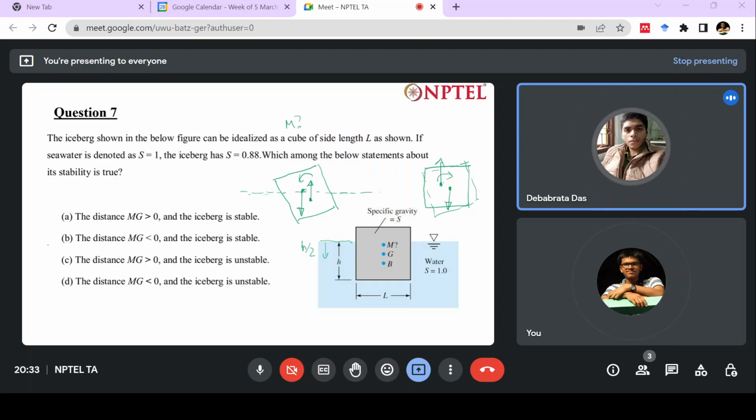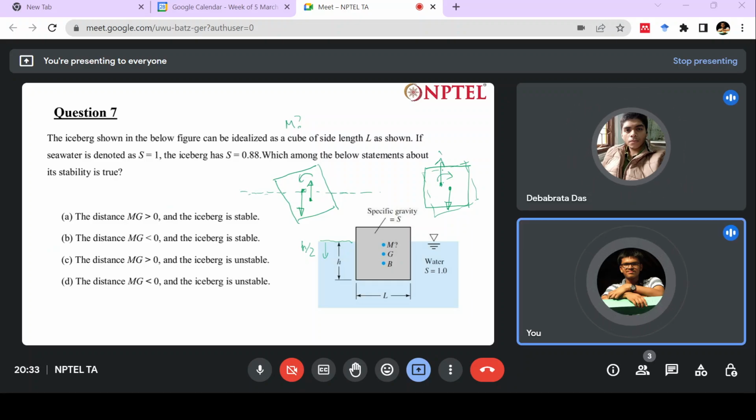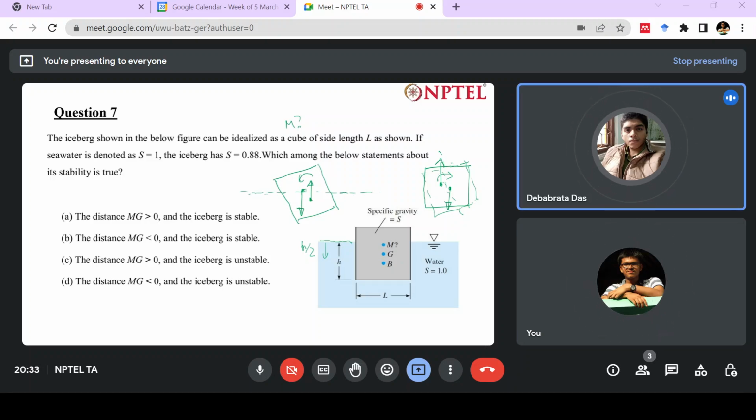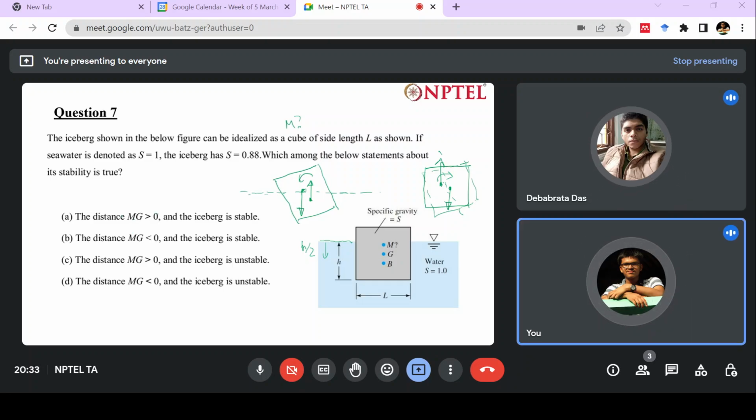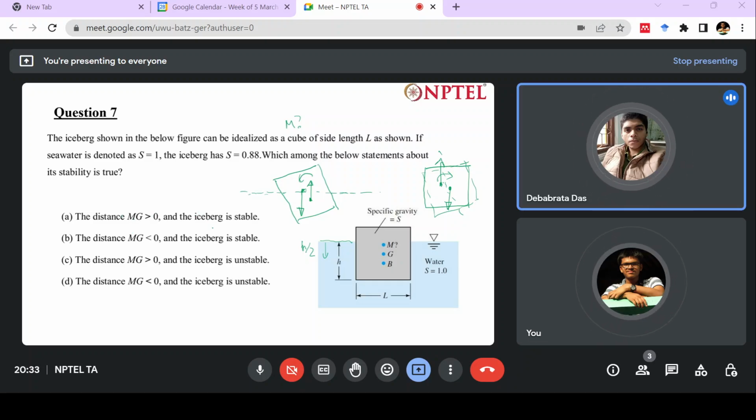If we give the torque, the forces will react at two points where they coincide. So if I draw a center line, this is the buoyancy force, and where it intersects, that point is the metacentric point.